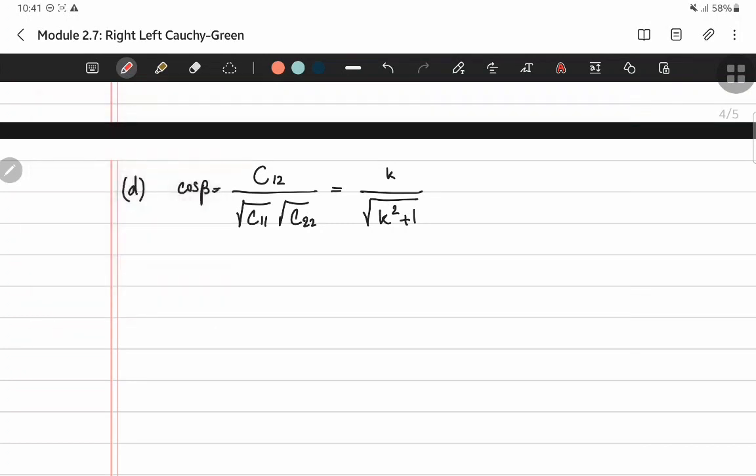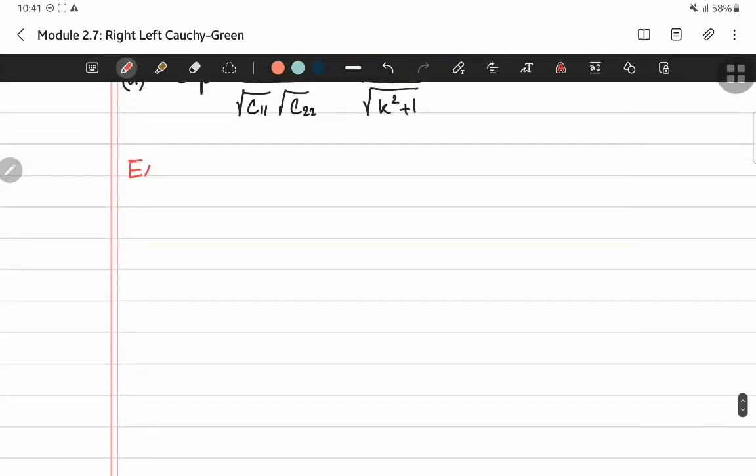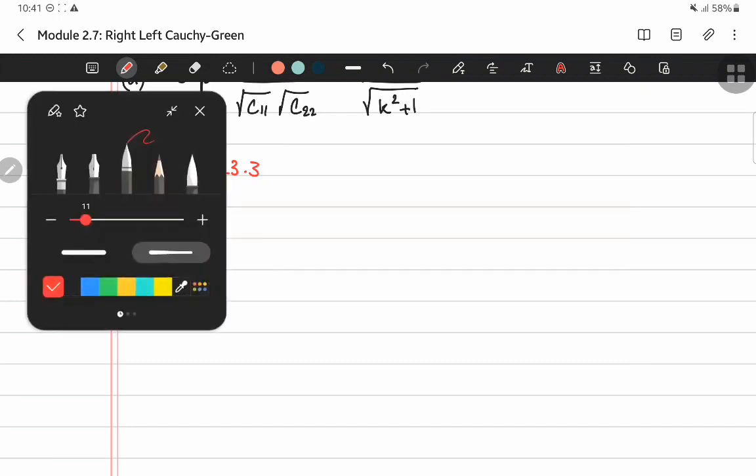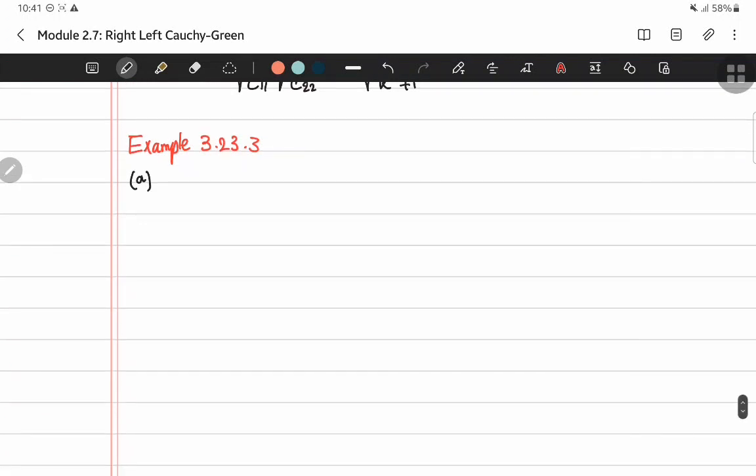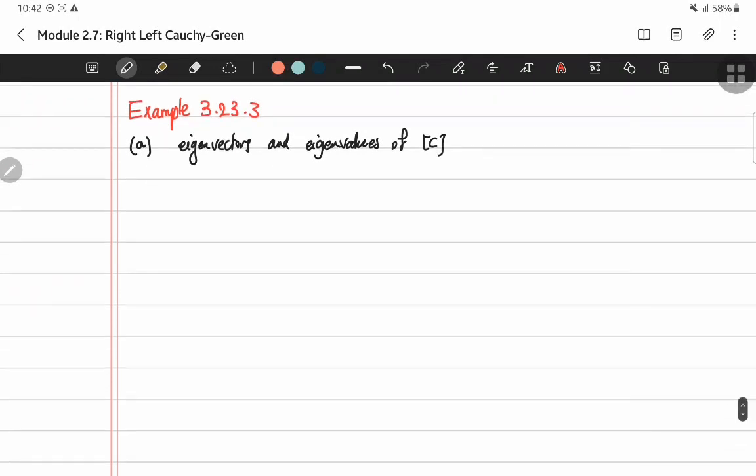All right, next we have example 3.23.3. In this example, part A asks us to find the eigenvectors and eigenvalues of the tensor C. Let's find them out.